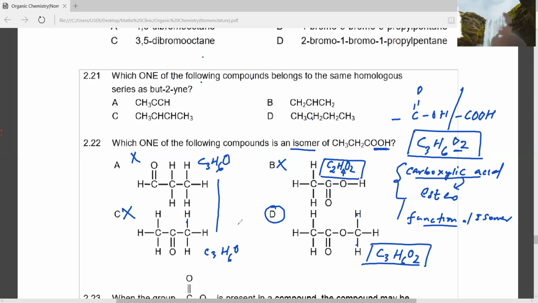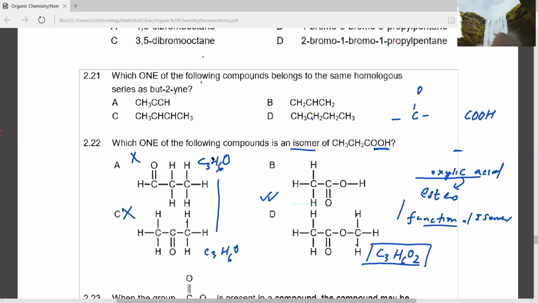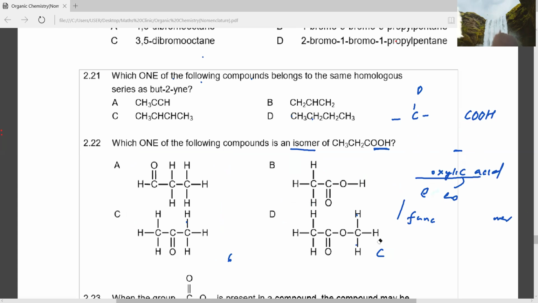So these are actually isomers. So the answer is D. I believe you are following, guys. Remember, practice makes perfect. By knowing the functional group and also the general formula of the homologous series, you will never go wrong.